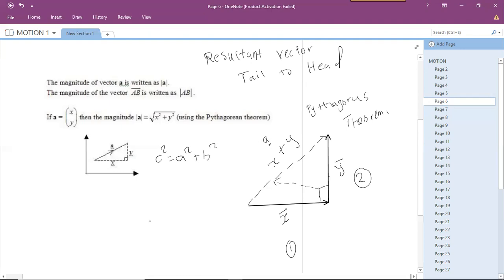We called it vector A. So we'll say A squared is equal to, then these are the two adjacent sides. This can be A, this can be B, or vice versa. So where there is A, we'll put vector x squared, plus where there is B, we'll put y squared.